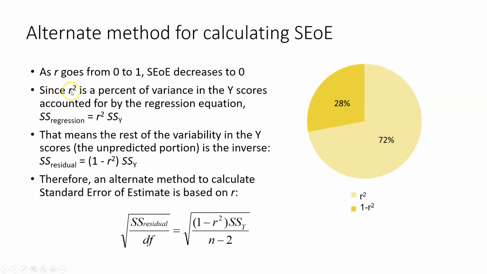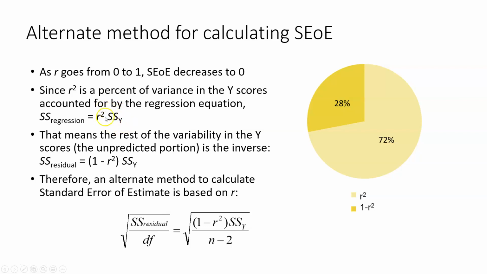Now, since R squared is a percentage of variance in the y-scores that's accounted for by the regression equation, remember we've been talking about R squared as a percent of variability accounted for in lots and lots of modules now. Because it's a percentage of variance accounted for by the regression equation, the sum of squares for the regression, that's the variability in the regression, is equal to the percentage of variability accounted for times the sum of squares that exists in that variable.